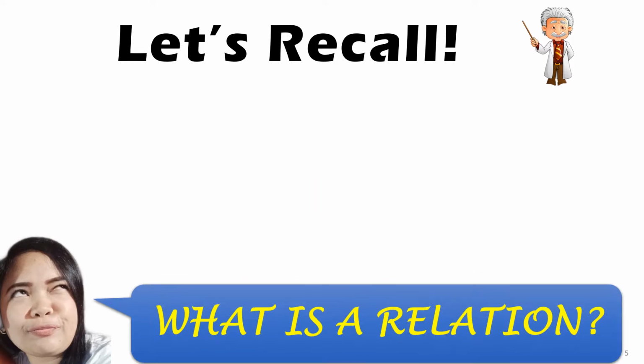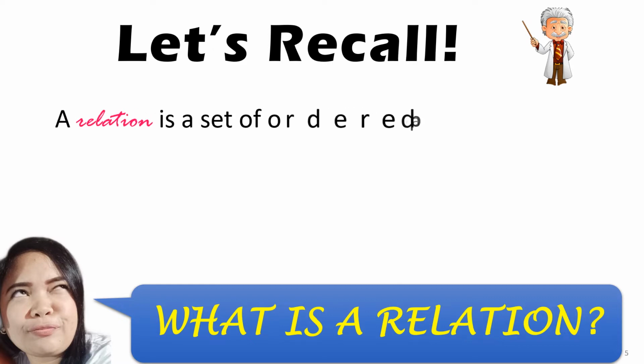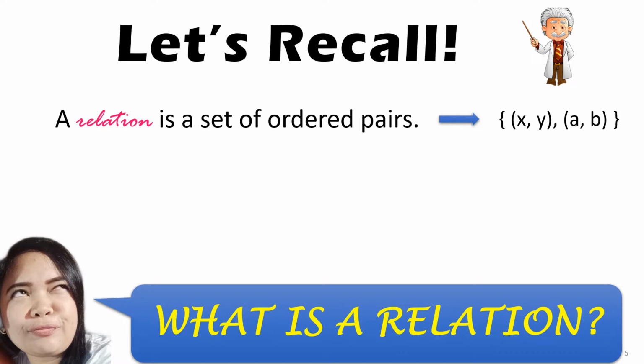But how about in mathematics? Can you still remember the definition of a relation? Okay, a relation is a set of ordered pairs. Very good. So it could be denoted as follows.